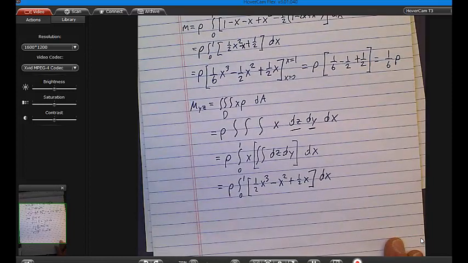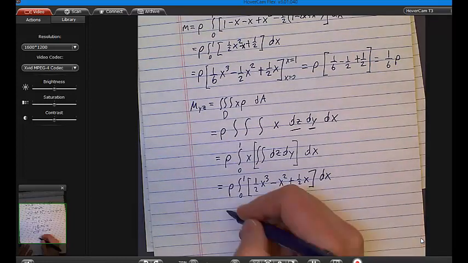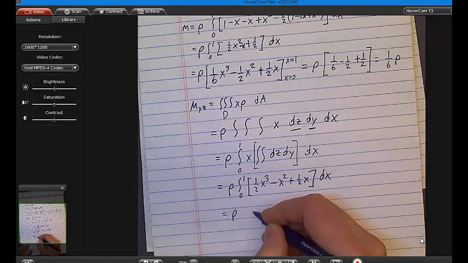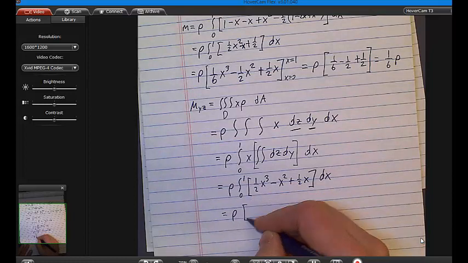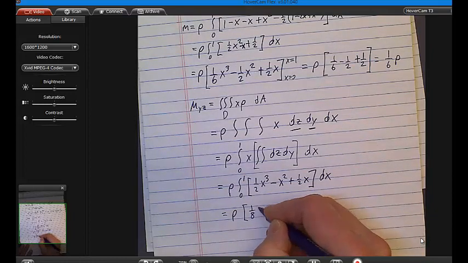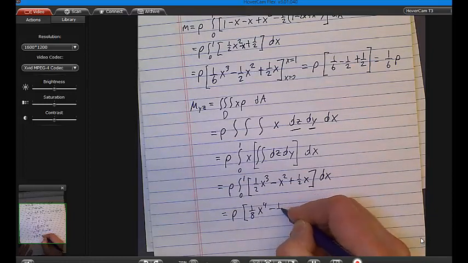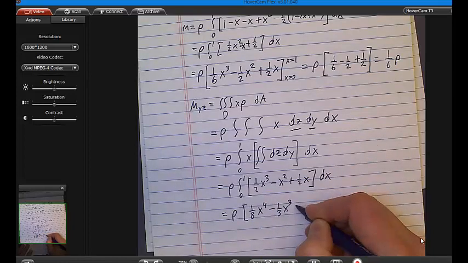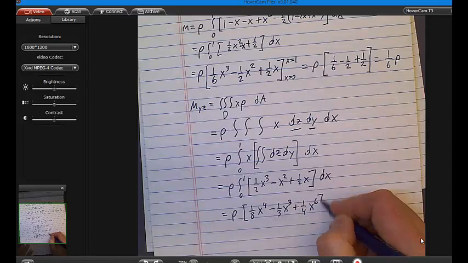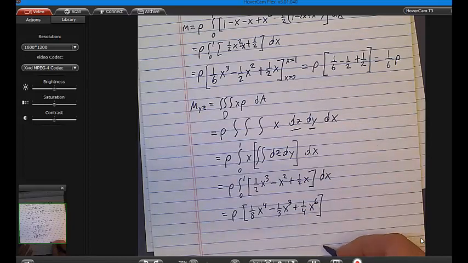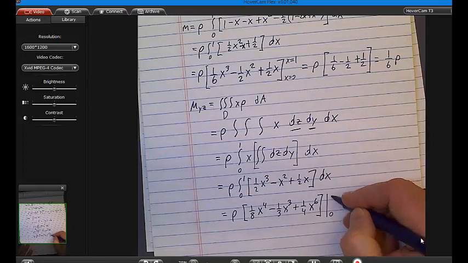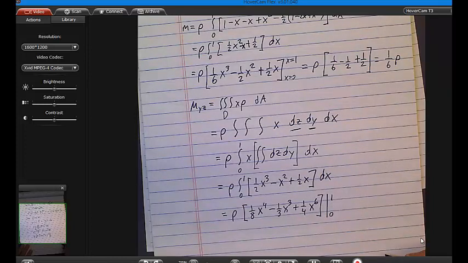Okay, moving along. This is rho times, let's see, 1/8 x to the 4th minus 1/3 x cubed plus 1/4 x squared, right? I love zeros and ones. This is a great problem because now we just have fractions, right?